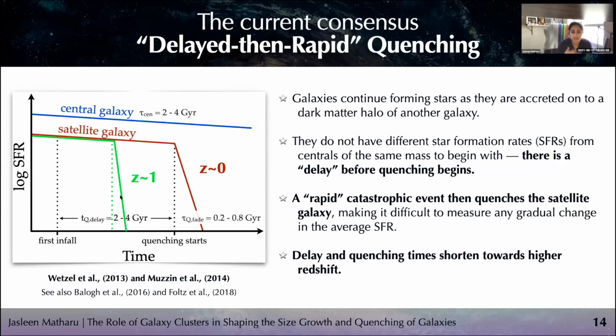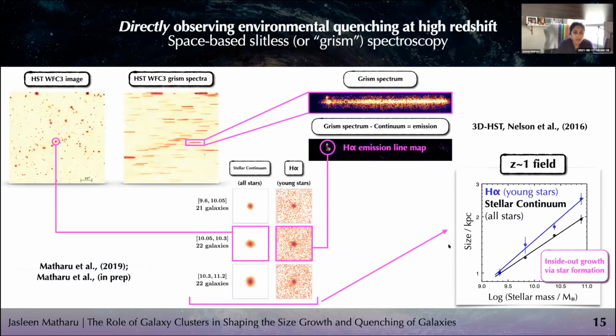So these results advocate for rapid environmental quenching at high redshift. Most studies try to constrain environmental quenching using indirect methods with population studies, such as measuring quench fractions, timescales, and star formation rates. But the purpose of my PhD was to use a direct method at high redshift for the first time, and that is space-based slitless or grism spectroscopy.